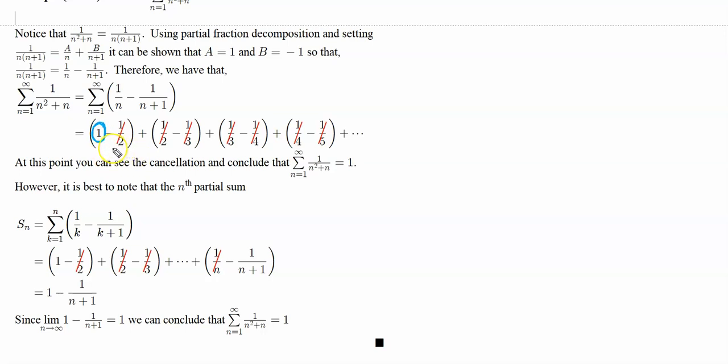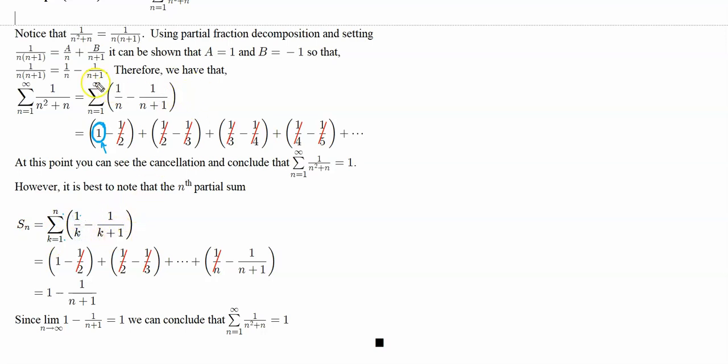However, we really should prove that the nth partial sum converges to 1. That really would be the proper way to do it. Now, let's notice that the nth partial sum here is the sum from 1 to n of 1 over k minus 1 over k plus 1, right?